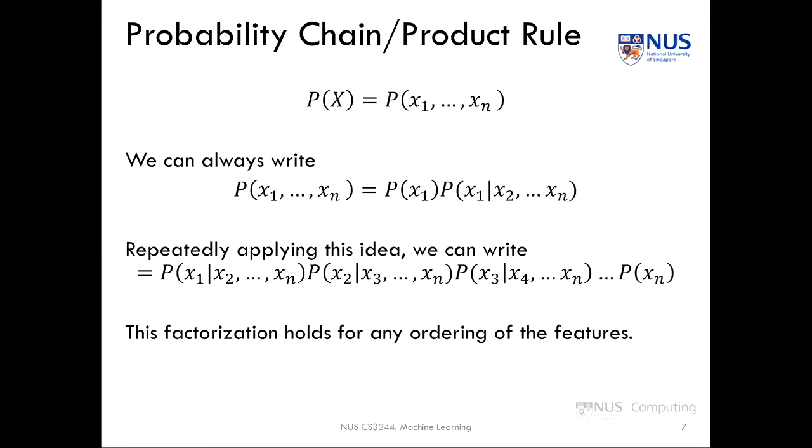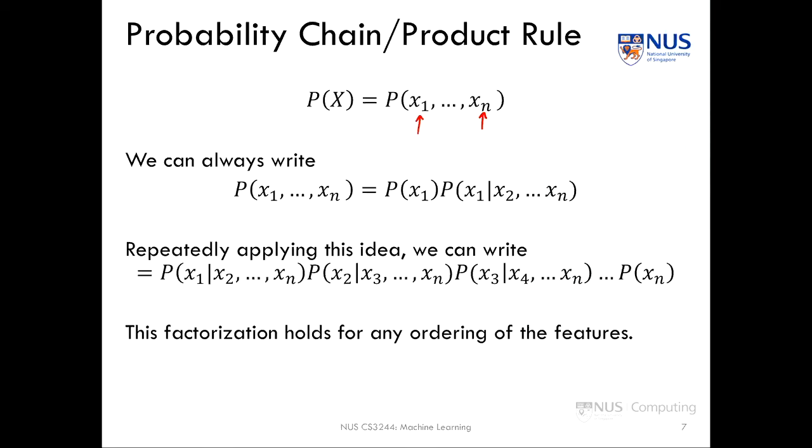But what makes it naive? To understand that, we first have to come back to the probability product rule, also known as the chain rule. This states that a joint probability of several different events, here we can think of the events being particular feature values, for example, for the first feature all the way up to the nth feature.